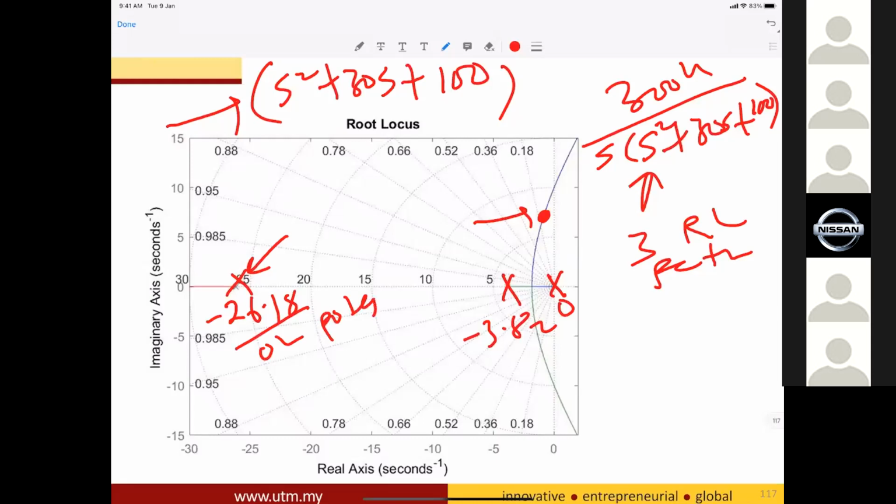No, we are talking about the difference between closed loop poles and open loop poles in the root locus plot.